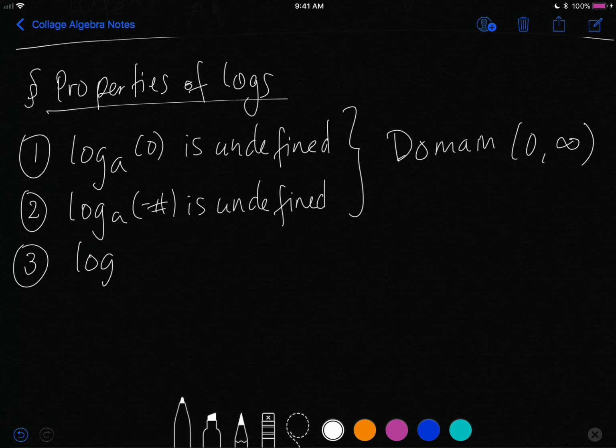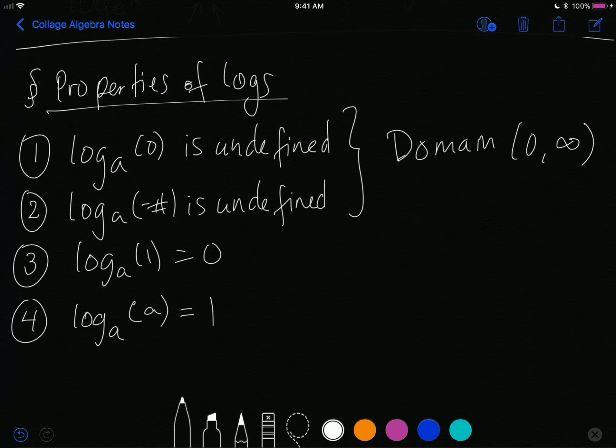If I plug 1 into a logarithm, any logarithm whatsoever, the answer is 0. By the way, this is one that professors love to use, log of 1. Since the evaluation is so simple, it's definitely one you want to memorize. Property number 4, if the base is what's the log being evaluated at, then the answer is automatically 1.